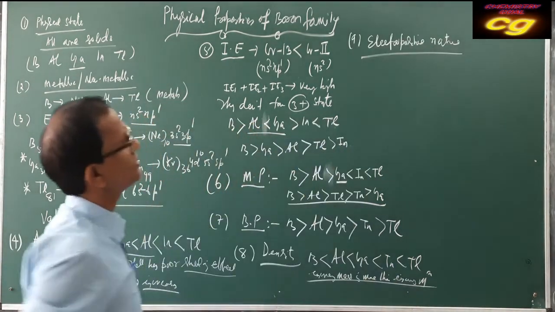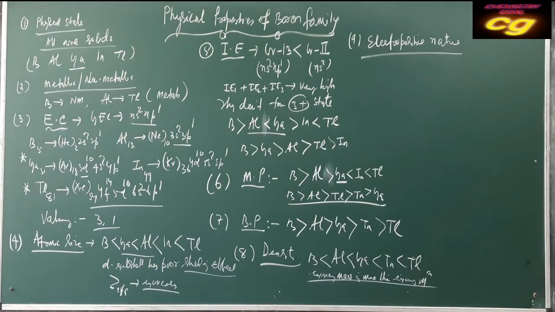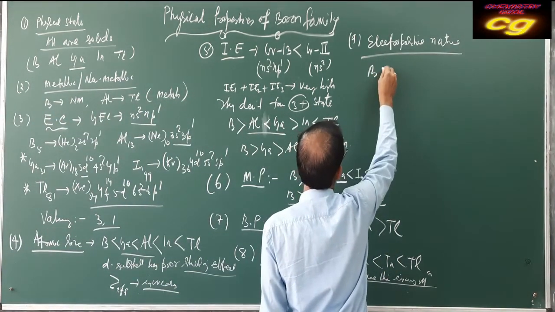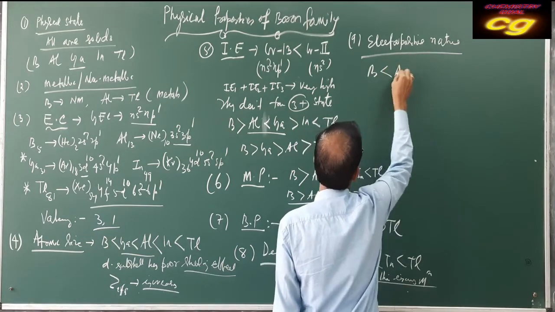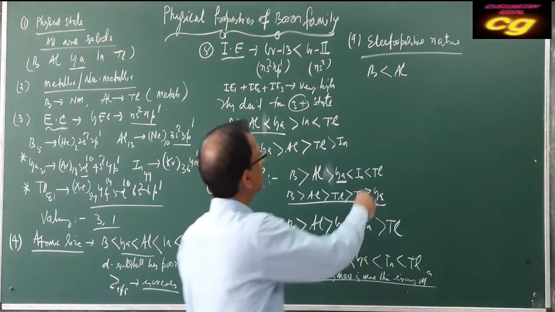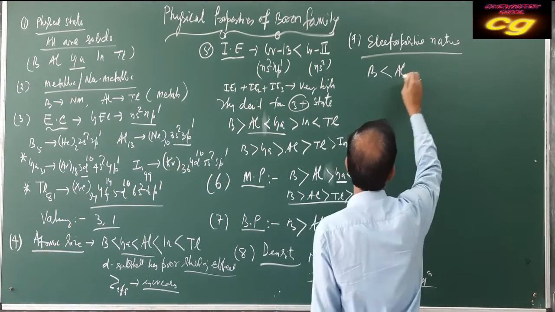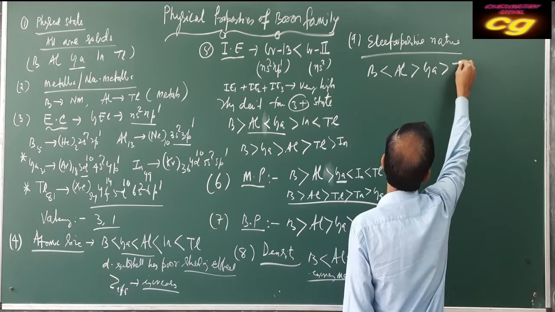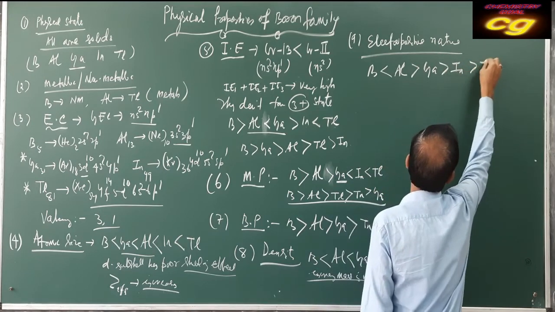The electropositive nature, if you see, generally first increases. Boron is less than aluminium, so from boron to aluminium it increases. Then it decreases: gallium, then indium, then thallium.